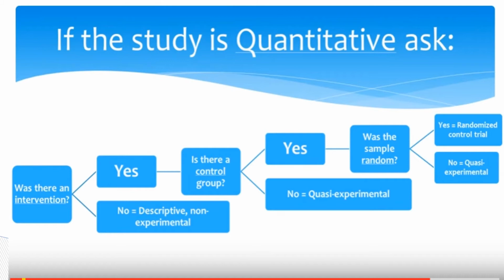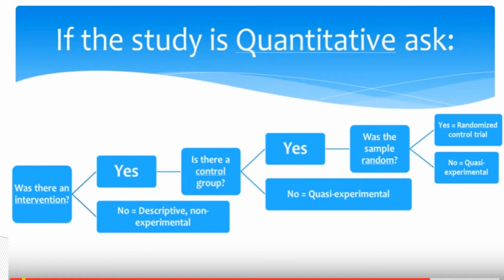This is the little flow chart that she presents in the video, and I find this really helpful if you were given a scenario, a research abstract, and it didn't state exactly what type of quantitative research it was. You can use this little flow chart and say, is there an intervention? Okay, if there's an intervention, we know it's one of two things, right? RCT or quasi-experimental.